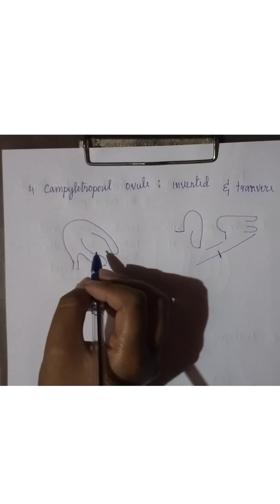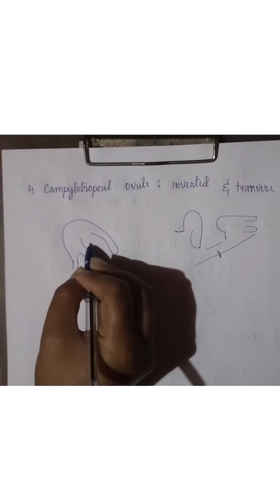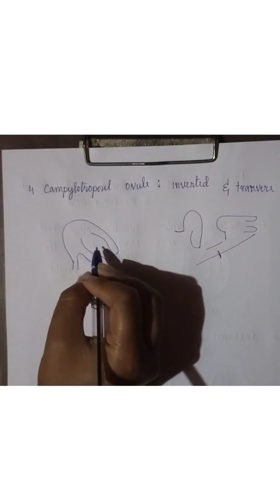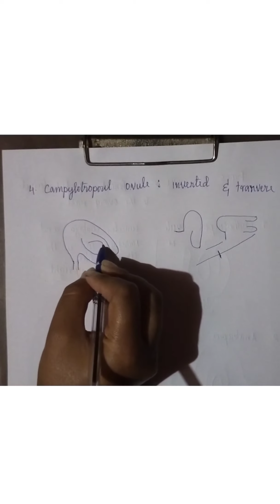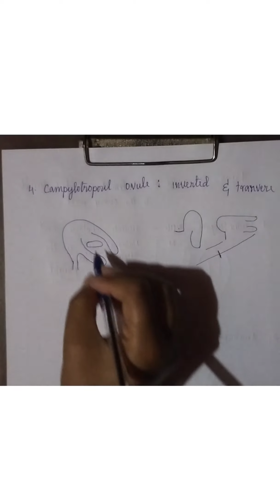But the embryo sac does not bend, so it is like this. This is a campylotropous ovule.